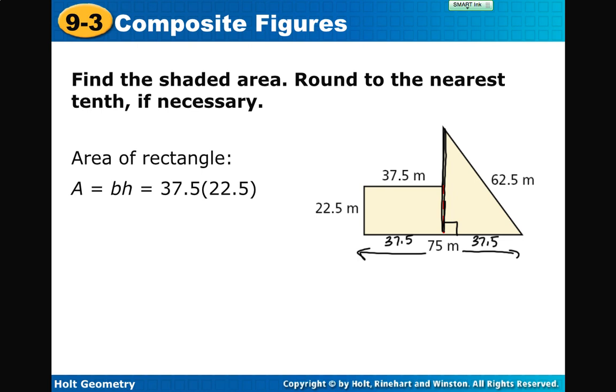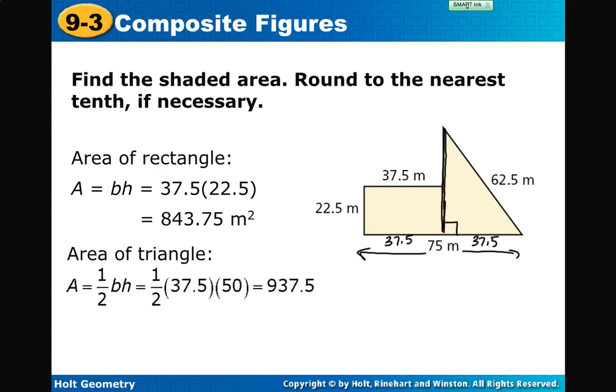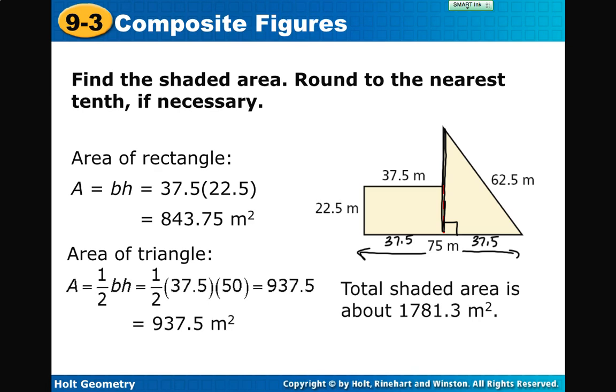So if you got 50 for the height, the area of the triangle then would be 1/2 times 37.5 times 50. You're adding those two together. So the total was 1,781.3.